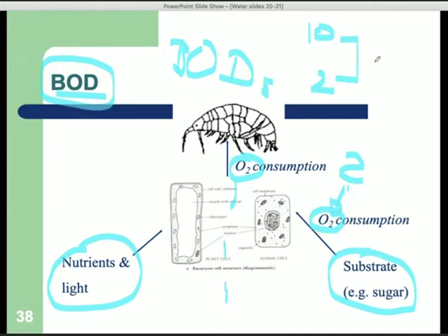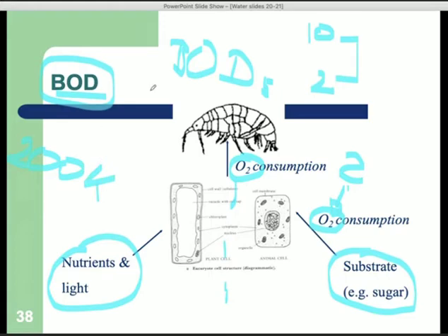Then going back to my milk bottle, standard milk, full fat milk, has a BOD of roundabout 200K.